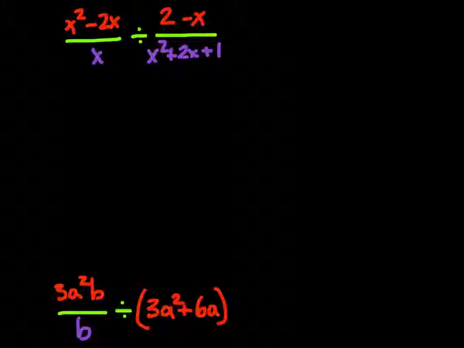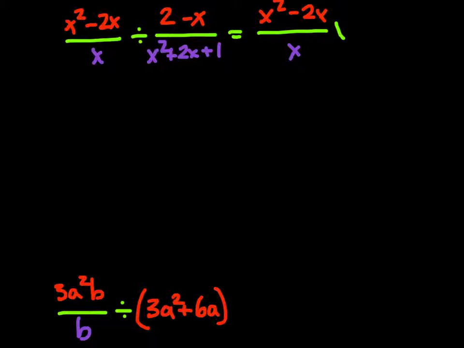We have x squared minus 2x over x divided by 2x over x squared plus 2x plus 1. So let's first multiply instead of divide and flip that other expression. So this will become x squared minus 2x over x times x squared plus 2x plus 1 over 2 minus x.